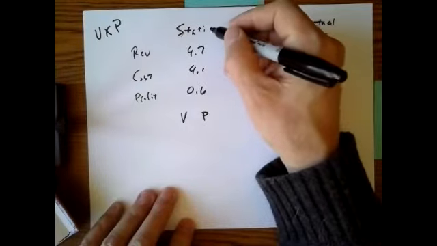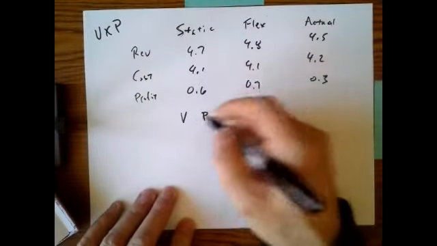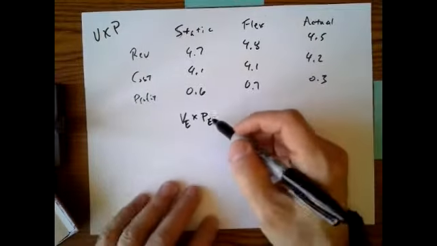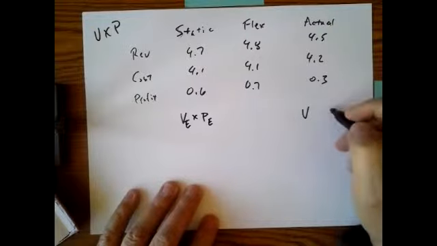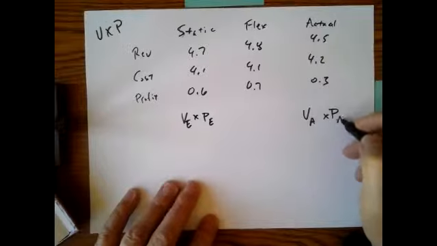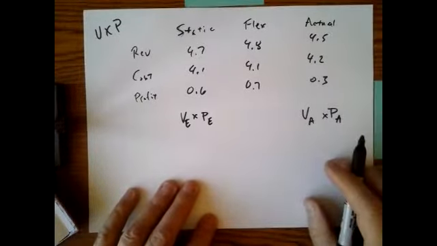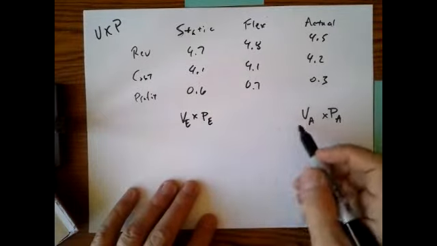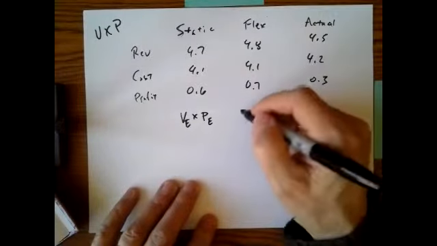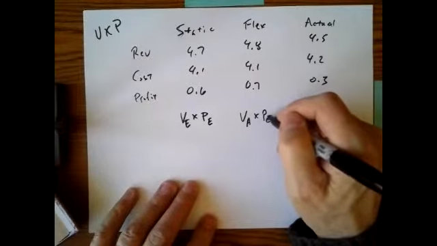The static is our budget right before we start to do anything this year, so it is our expected volume times our expected price. Our actual column is also volume times price, but it is our actual volume and the actual price we either paid, if it's a cost, or earned, if we're thinking about revenue. The flex is kind of an emergence of the two, based on the actual volume times the expected price.